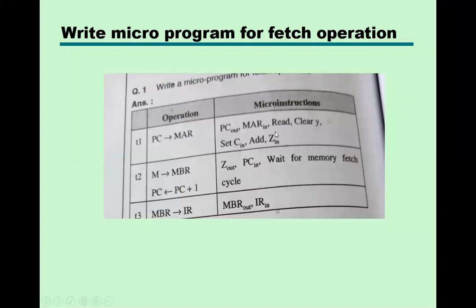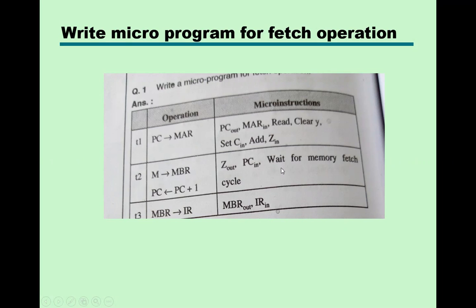So a read signal is generated to load the data. Then clear the Y register and set carry in, because at the memory location you have to read the data. So this part we have seen.